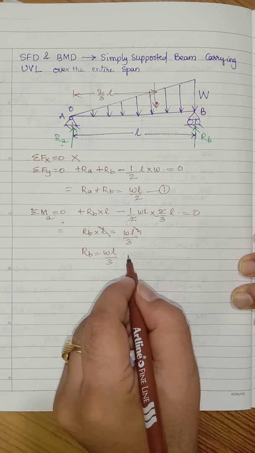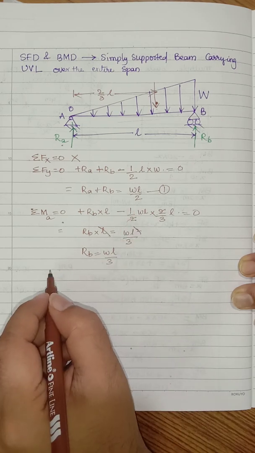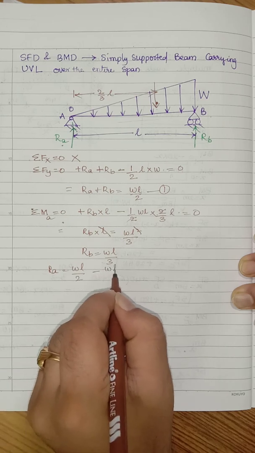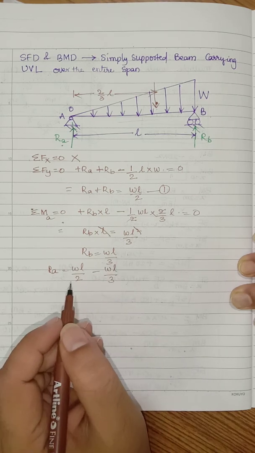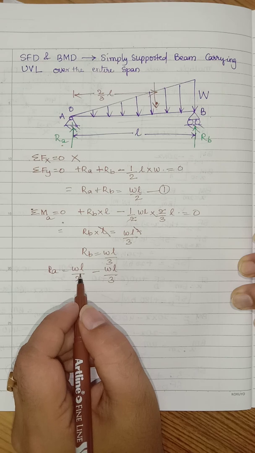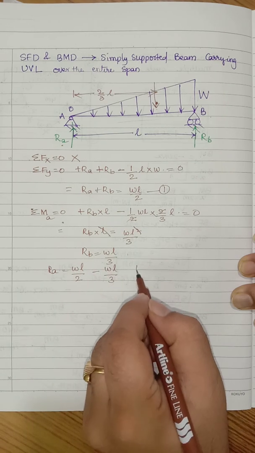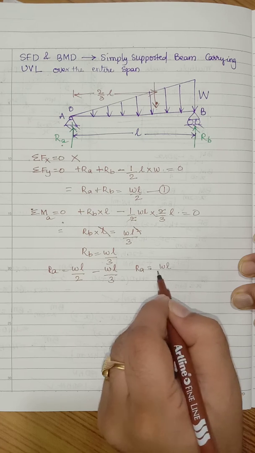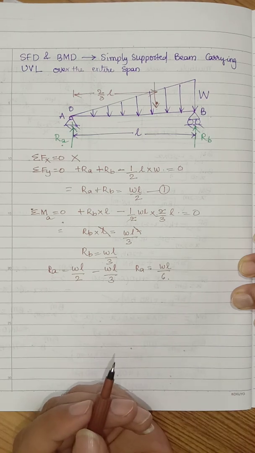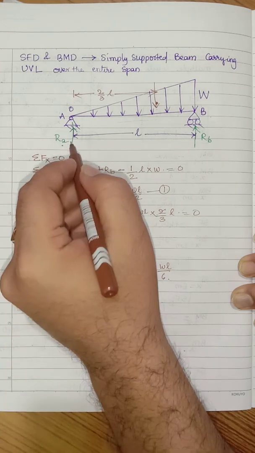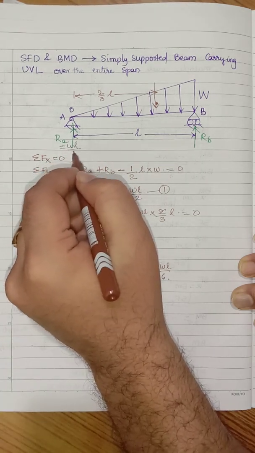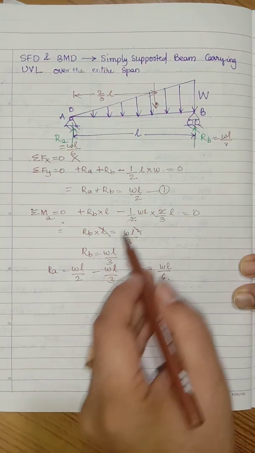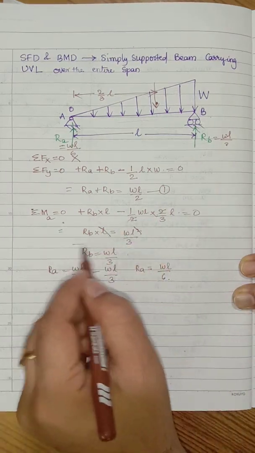Substituting RB in equation number 1, we get RA is equal to WL divided by 2 minus WL divided by 3, which is equal to WL divided by 6. So RA is W into L divided by 6, and RB is WL divided by 3.